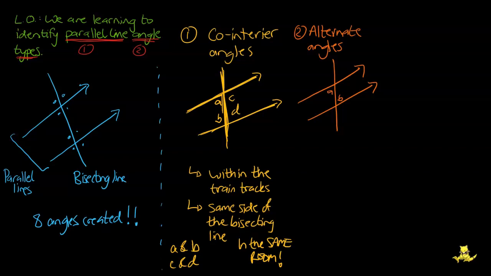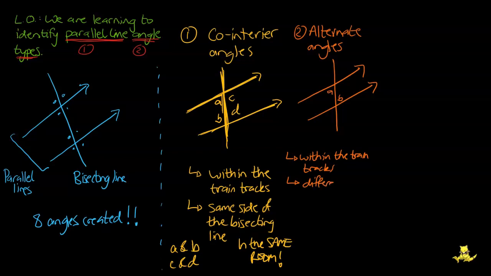And they're slightly different to our co-interior angles. So we can see they're still both within the train tracks. So you can see that they're both inside the parallel lines.